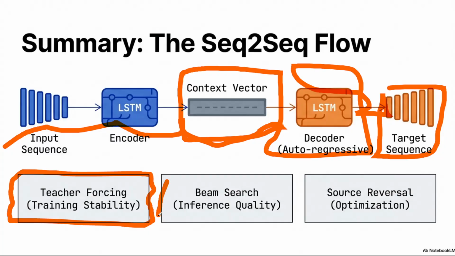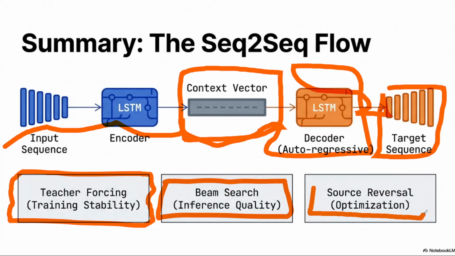We have beam search that combines the whole output and gives us the one with the highest probability by remembering all the other alternatives. And we have this optimization technique where we put the reversed phrase as an input to force the model to learn better.